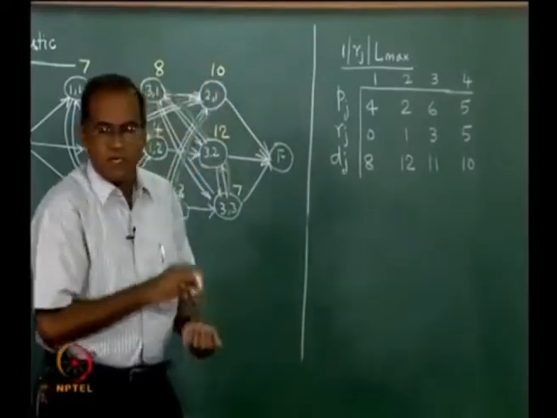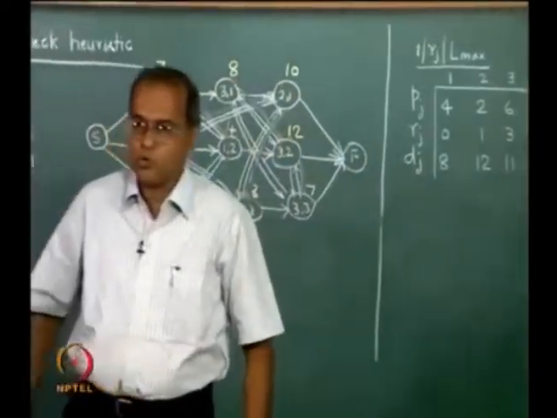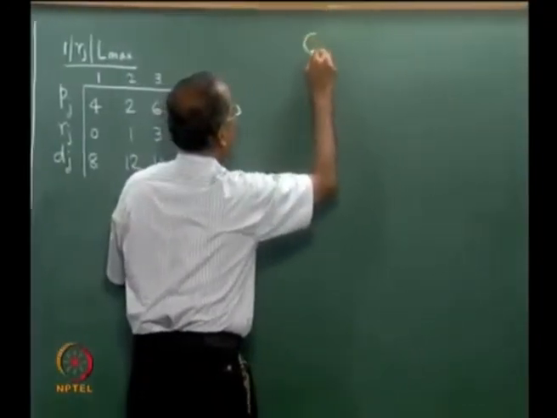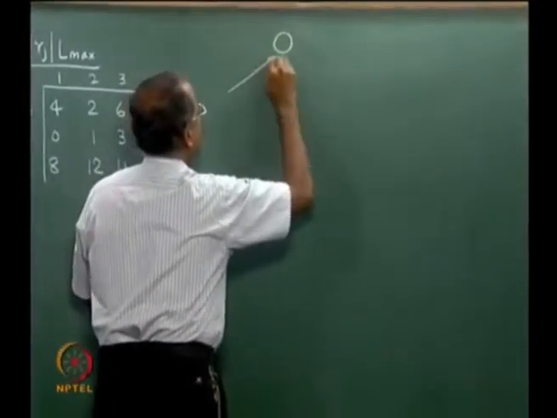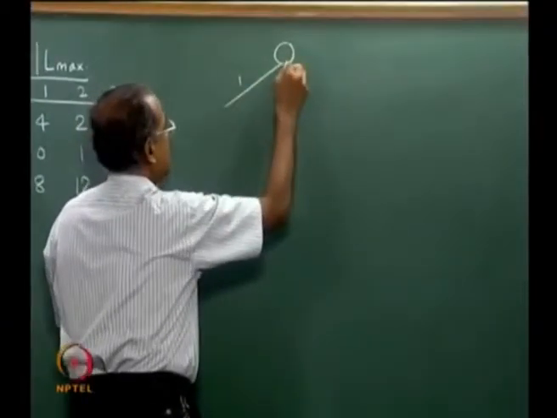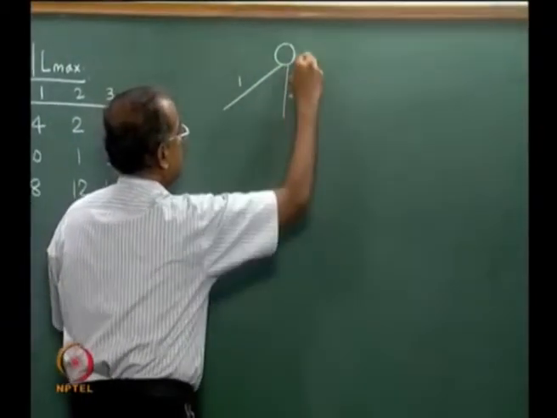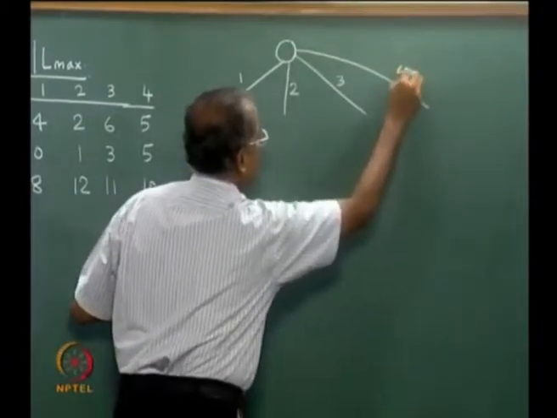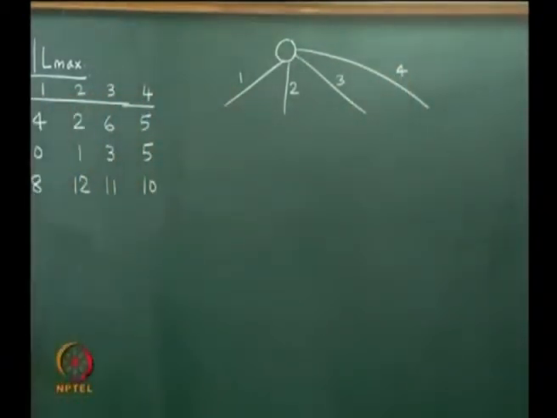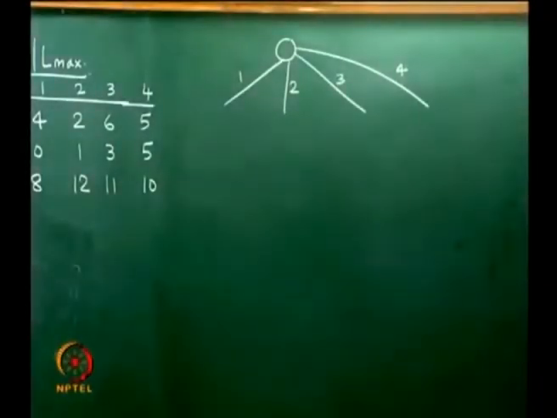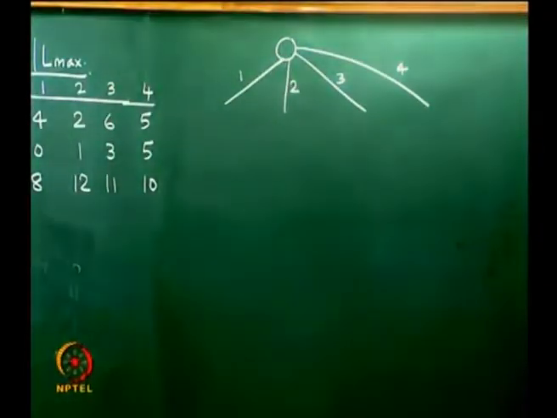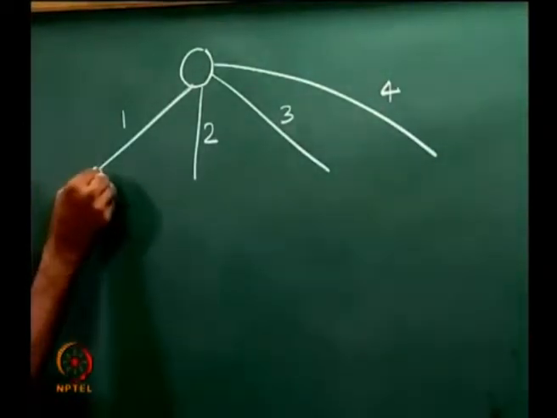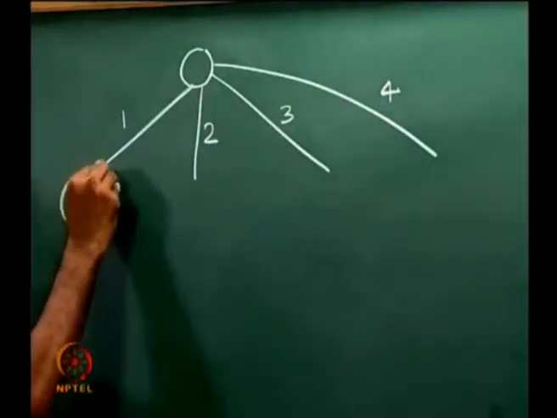So, let us apply a branch and bound algorithm to do that. So, let us start here with a starting tree, and then let us say that job 1 is the first job, job 2 is the first job, job 3 as first job and job 4 as first job. Now, when we take job 1 as first job, we want to find out a lower bound on Lmax.